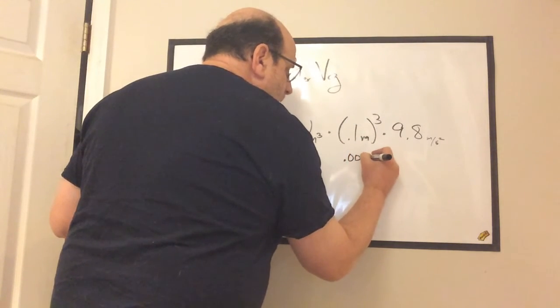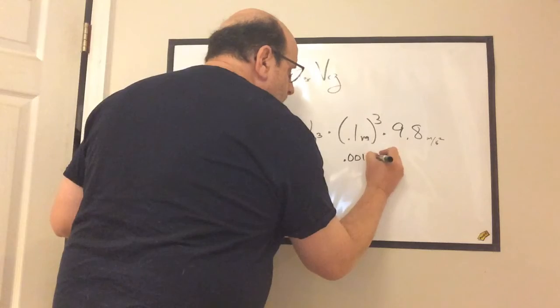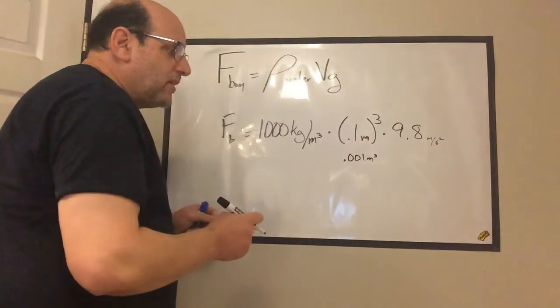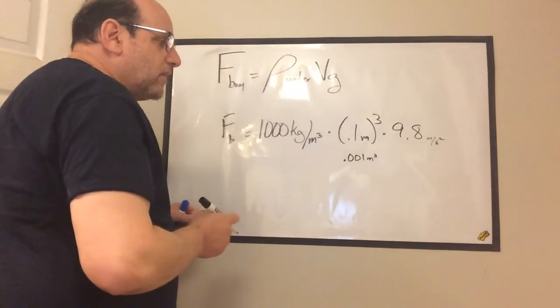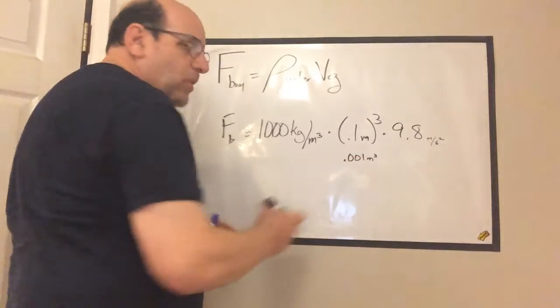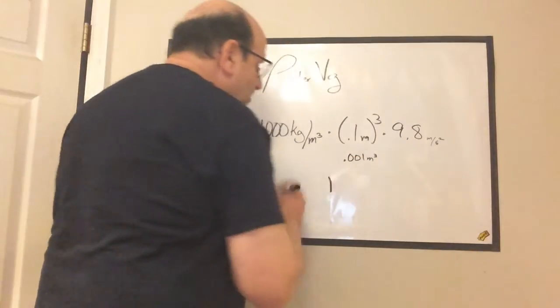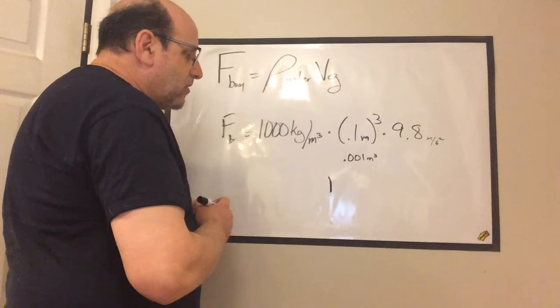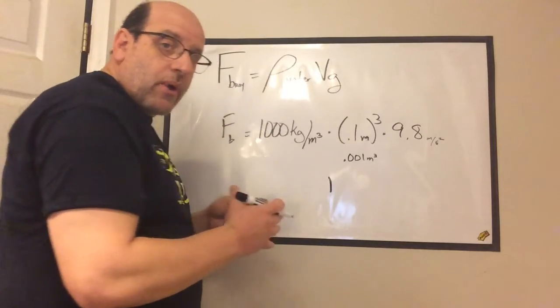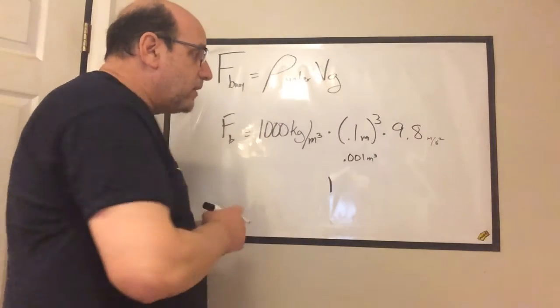Here you go. This cubed is, God, it's so simple, if you guys had thought about it: 1/1000th of a cubic meter. All right, so 1,000 times 1/1000th is just one. I don't understand why this became such a difficult problem, but hey, let's take a look at it.